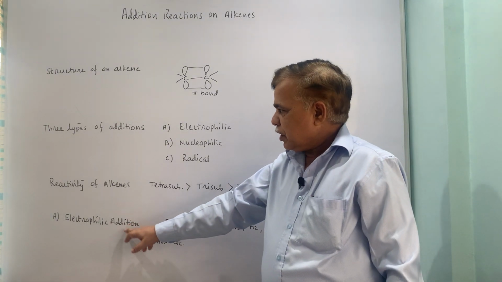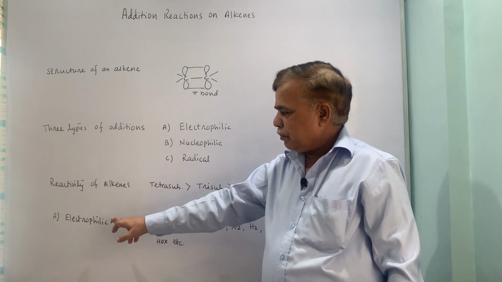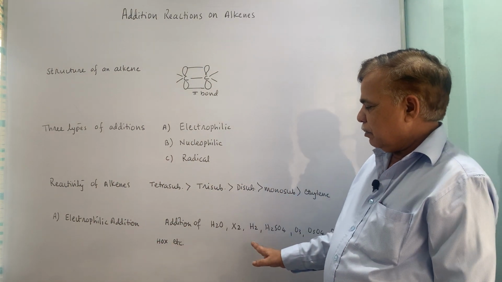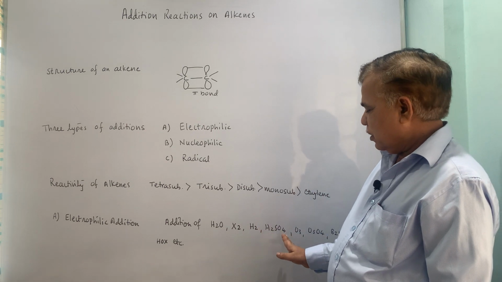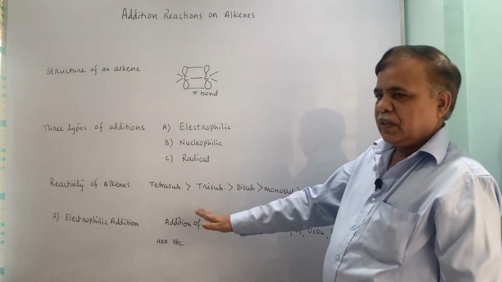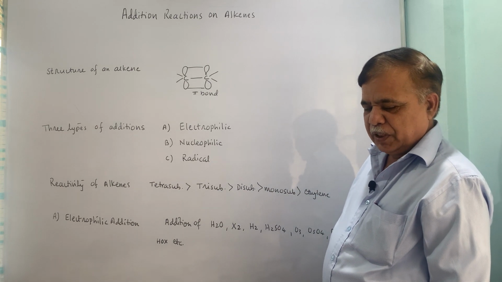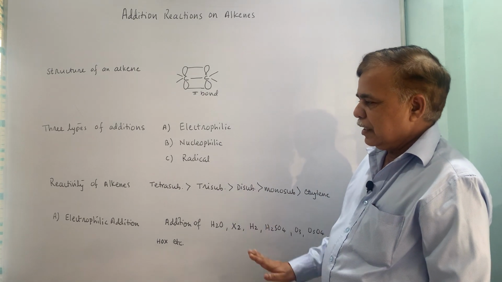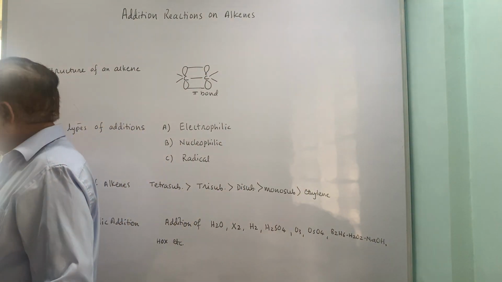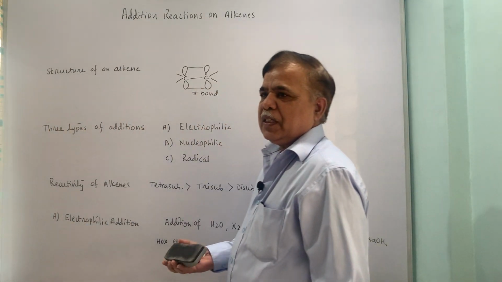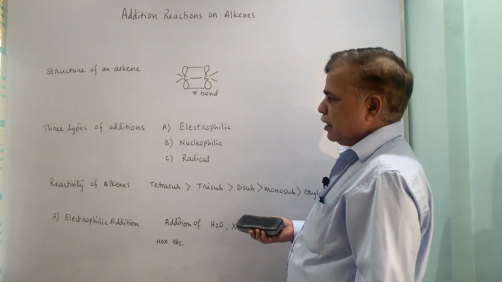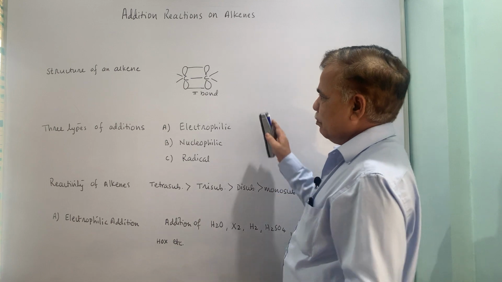Now, the first category of addition reaction is electrophilic addition: addition of water, halogen, hydrogen, sulfuric acid, ozone, osmium tetroxide, diborane, halohydrin formation. These are some of the reactions listed. Now, let us see them one by one. First of all the mechanism part, then the examples.